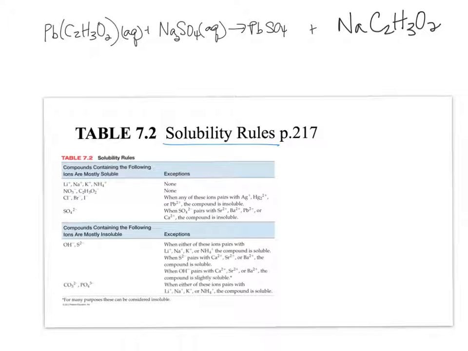What we want to know is whether a precipitate is formed. So we need to take each of the products and decide if they're soluble or insoluble. Let's look at lead sulfate first. Sulfate is listed in the soluble table, but lead is an exception to this. So that means that lead sulfate is going to be insoluble. And when it's insoluble, that means that it's going to form a precipitate.